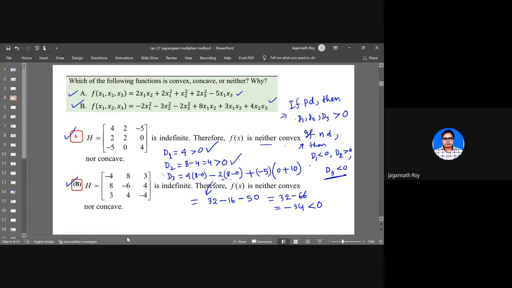If it is positive definite, then D1, D2, and D3 should all be positive. If it is negative definite, then it should be negative, positive, and negative. It is not satisfying any of the criteria, so it is neither positive definite nor negative definite. That is why it is neither convex nor concave.